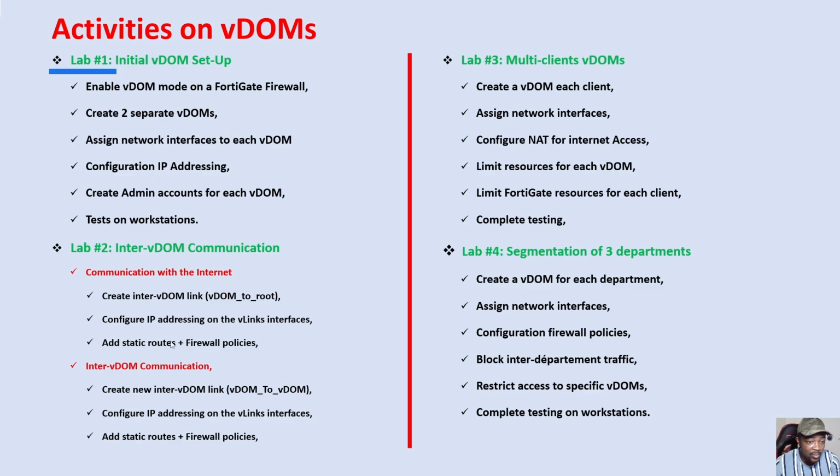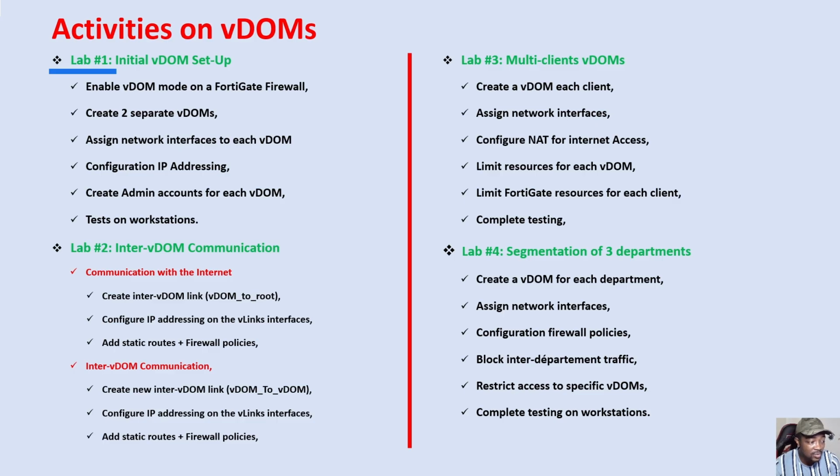After lab 1, we went on to lab 2, where we did inter-vDOM communication. With 2 vDOMs, we did inter-vDOM communication, because by default, even though you are creating the vDOMs on the same physical FortiGate device, there is no communication between the vDOMs. So you need to implement the inter-vDOM communication. We also saw how to enable internet access to those vDOMs, right? We discussed the two options that are available.